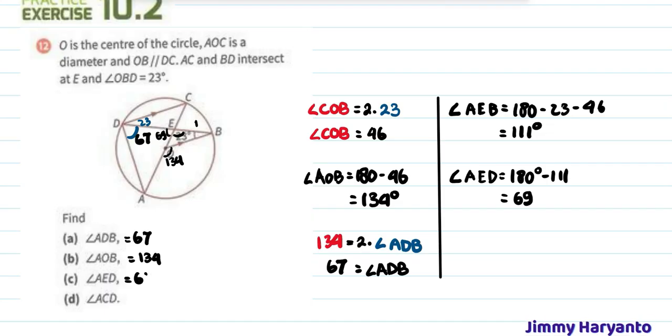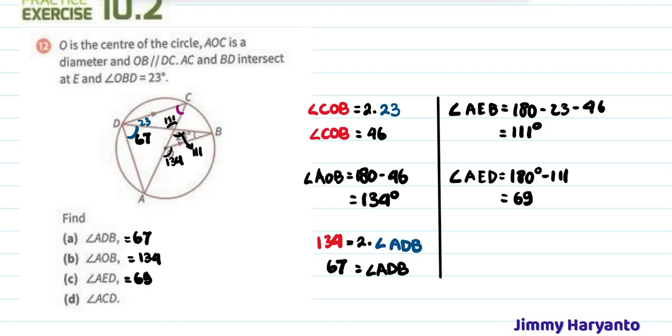This one is 69, and then ACD. Okay, to find the ACD, we have to see this one, the straight line, or maybe vertical angle. We already know that this one is 111. That means this one also 111.